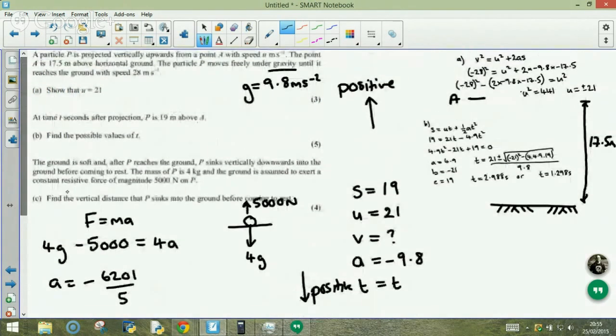Good question to give an example. It's worth trying to find one of your own to do like this because there's a lot to it. Same process though: SUVAT variables, but just remember which positive direction it is going to be, and stick with it.